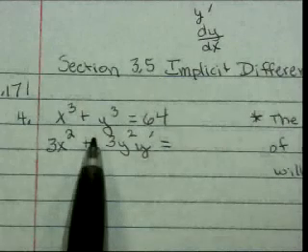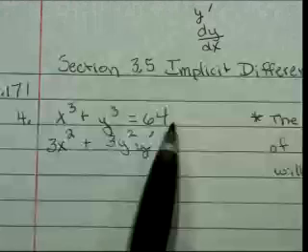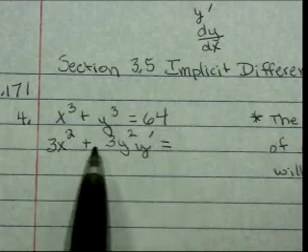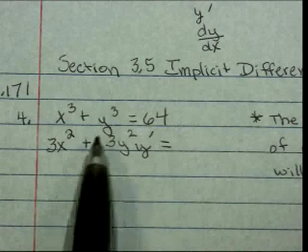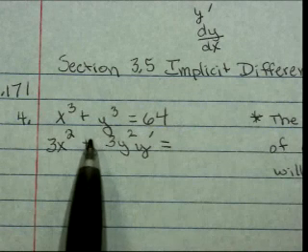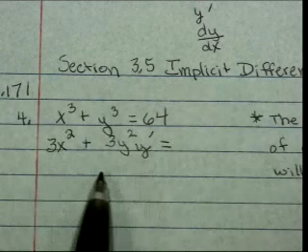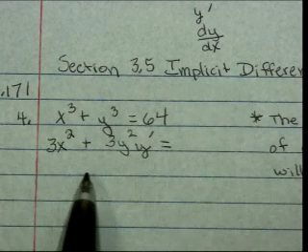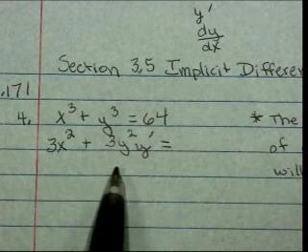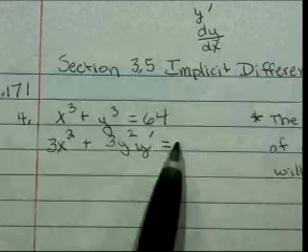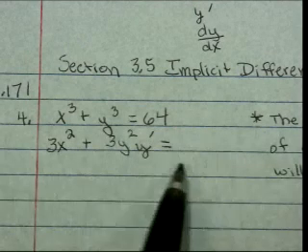We could have subtracted x cubed from both sides, and we could have taken the cube root of both sides, and we could have gotten the y by itself. Maybe if I did this problem that way, you would embrace implicit differentiation more quickly, because this is less ugly than differentiating y equals cube root of 64 minus x cubed.